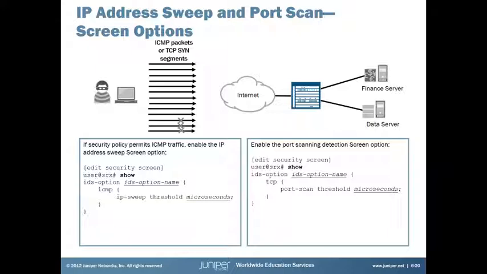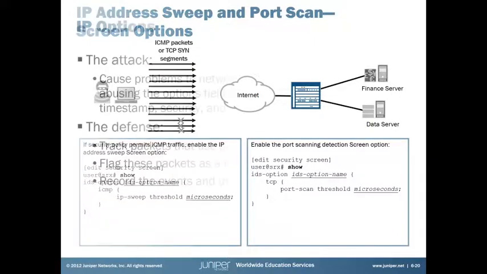So we'll set up how many microseconds we think we should allow on a normal day for ICMP or SYN segments from a single IP address. So we'll set up a threshold there, and if it goes over that, that will be dropped. Okay, so that's the defense against that particular attack.